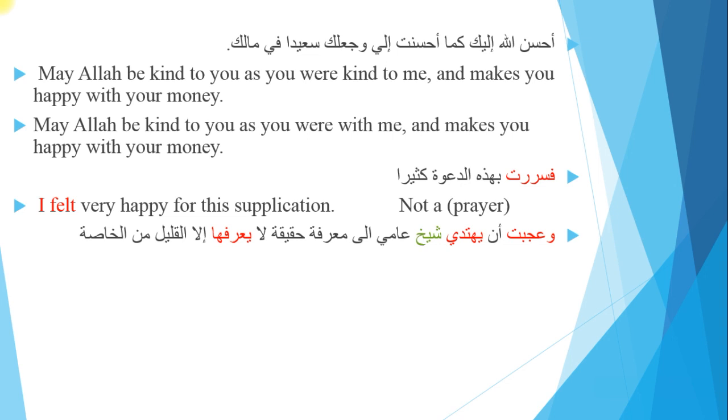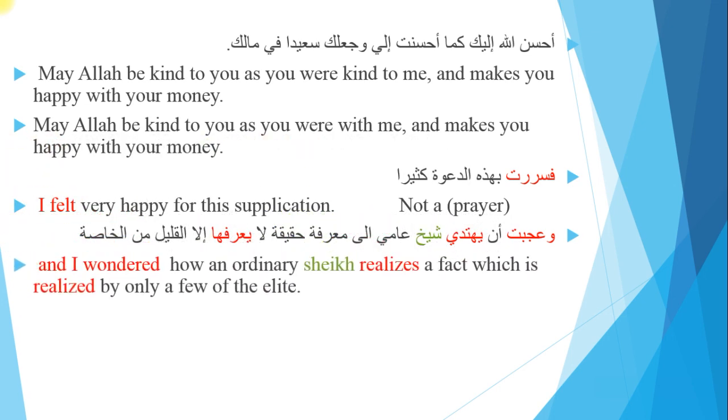And those الناس الخاصة means the elite, النخبة, who study, who understand, who are going to, let's say, sit with the judge or sit with the professors, with the people who know wisdom, people who are, let's say, educated. And I wondered how an ordinary sheikh realizes a fact which is realized by only a few of the elite.